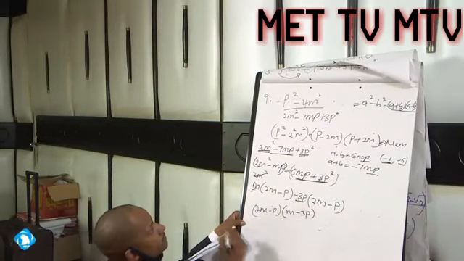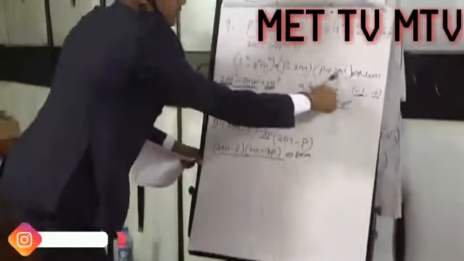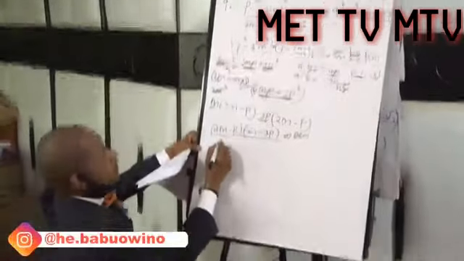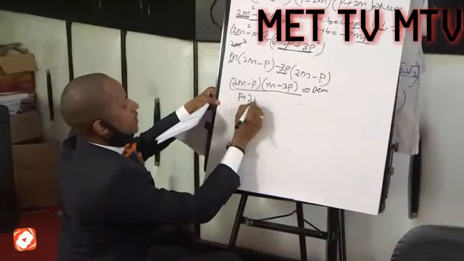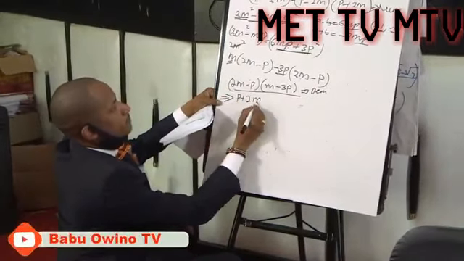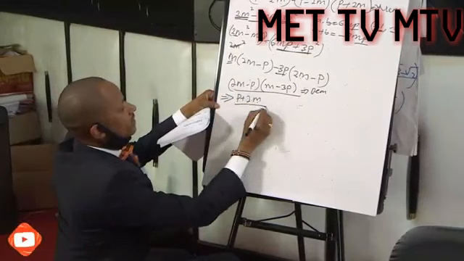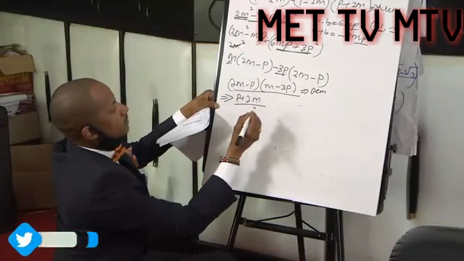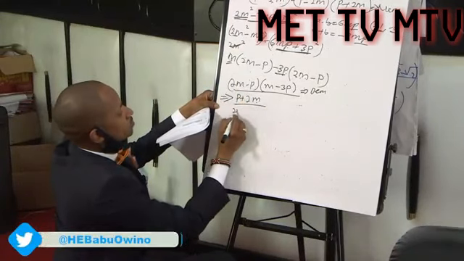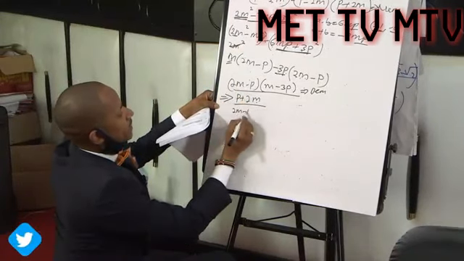This is the denominator. So remember our numerator is p plus 2m, divided by our denominator 2m minus p into m minus 3p.